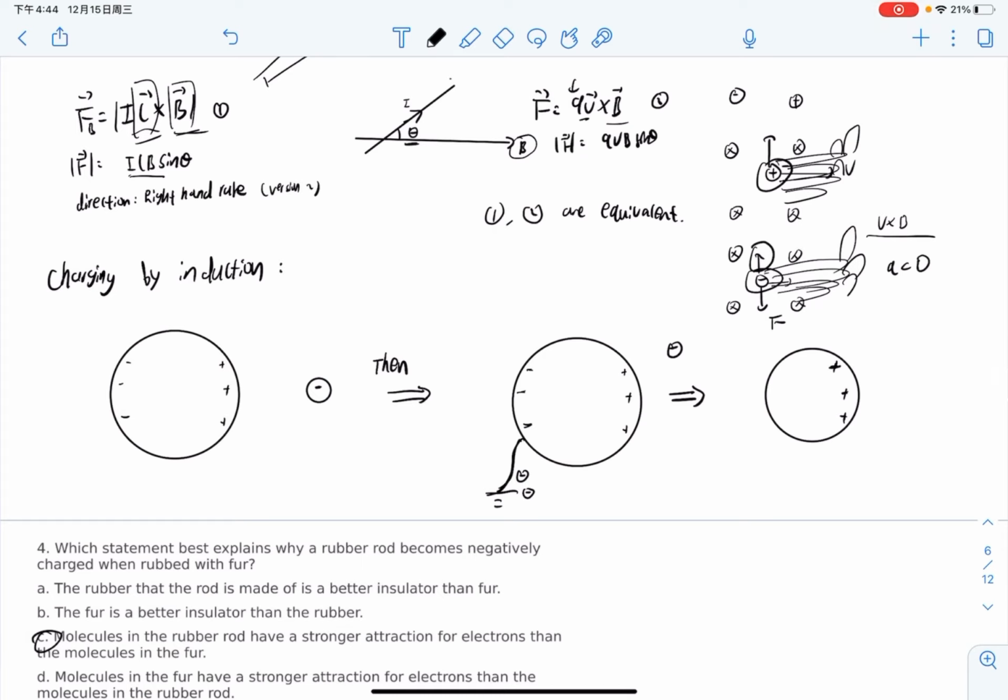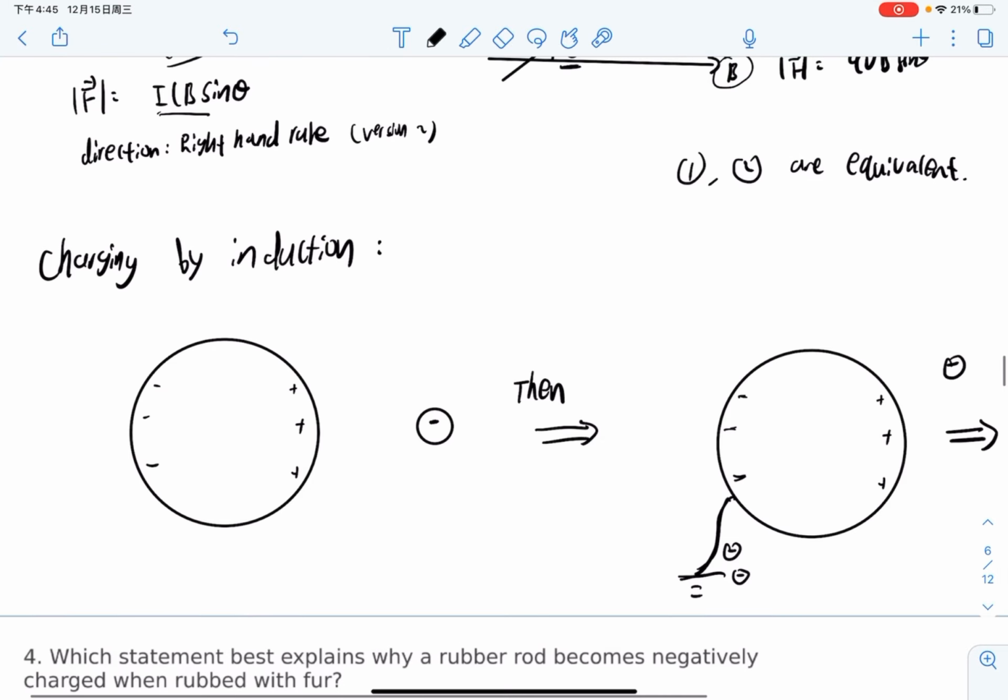And moving on, we're going to talk about charging by induction. So for charging by induction, you first put a charged particle over here. And for the electrons inside the metal, you know that the electrons within the metal are free to move.